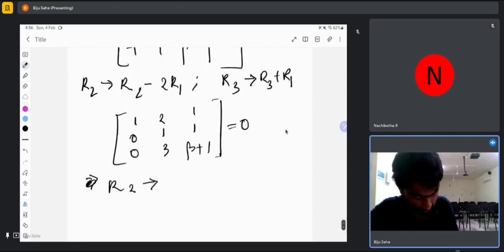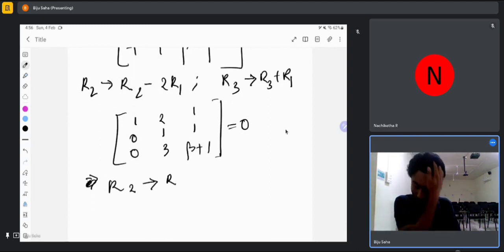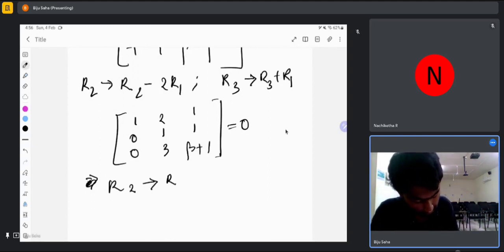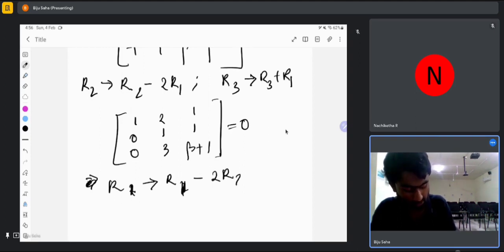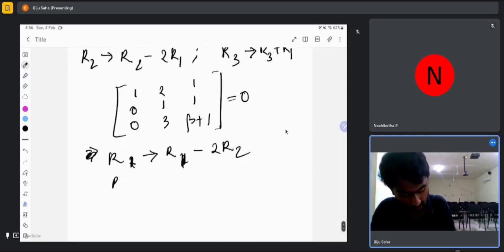Now on the second row, R1 will change as R1 minus twice of R2, and R3 will be R3 minus thrice of R1.